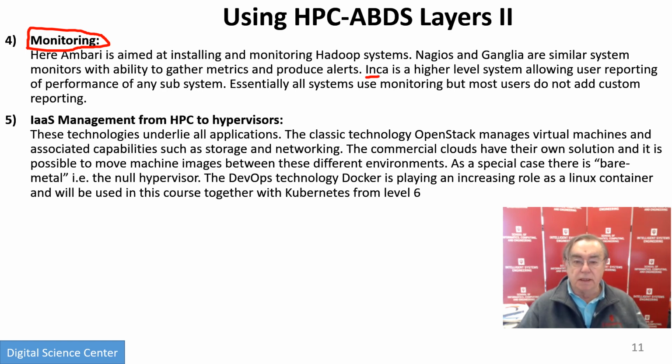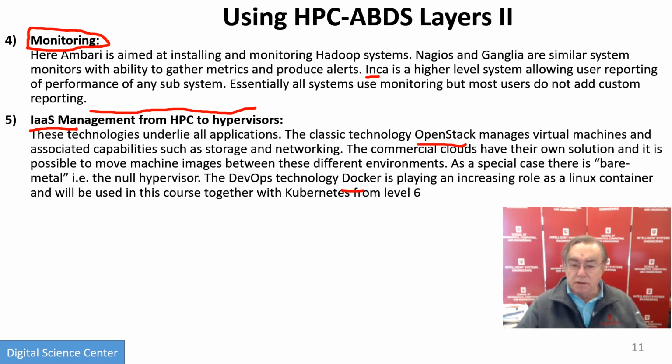There's Inca as another monitoring system, which is higher level. I've already stressed the importance of infrastructure as a service, which is just not cross-cutting. So the cross-cutting is 1 through 4. 5 is infrastructure as a service, and it has all the things, including OpenStack.